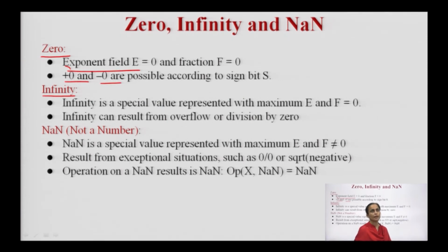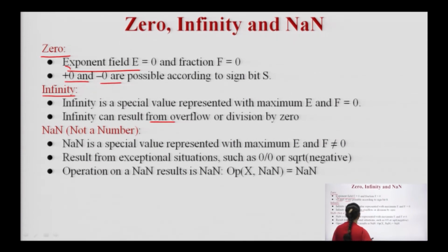used to represent with maximum E and F taken as 0. Infinity can result from an overflow, or when we are dealing with division by 0. Then the third case, how to represent not a number, special characters?